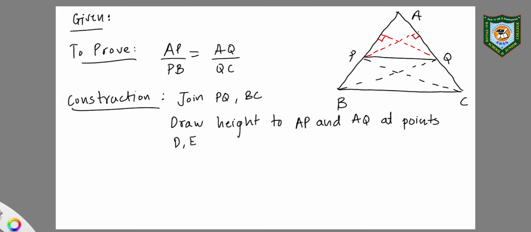Now coming to our proof. As you've learned before, we need to use the ratio of areas of two triangles in order to prove the basic proportionality theorem. So for the first case I'm going to take area of triangle APQ divided by area of triangle PQB.